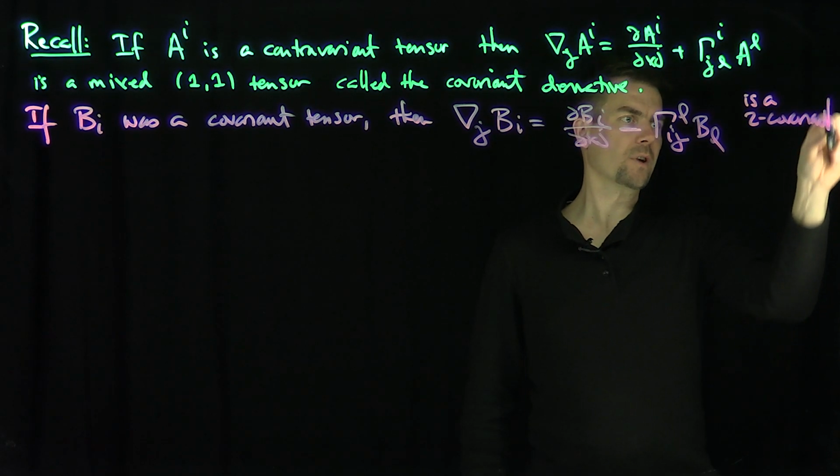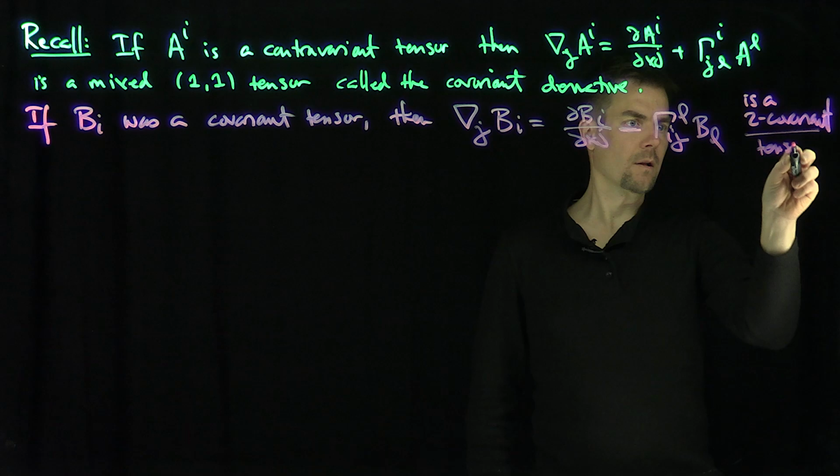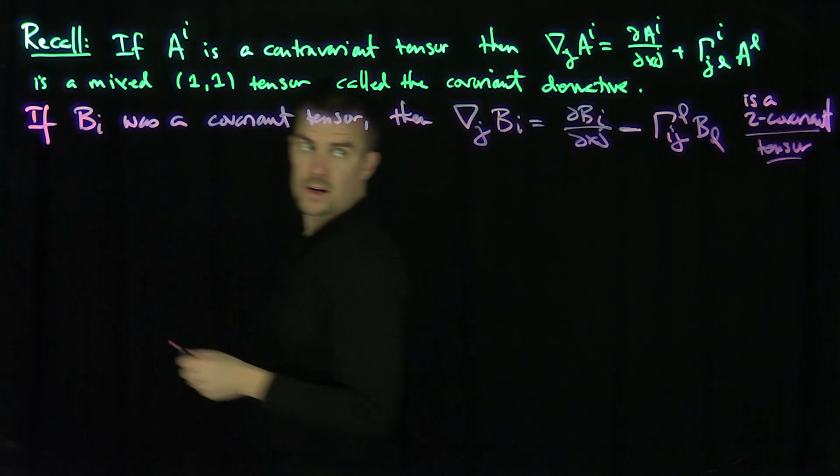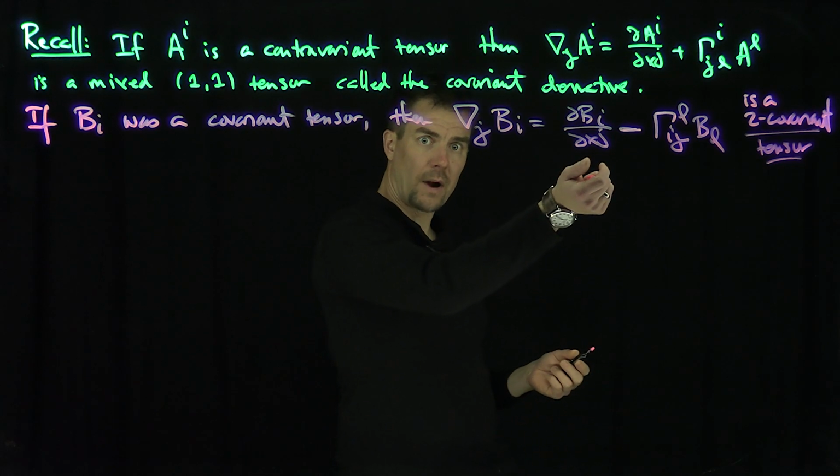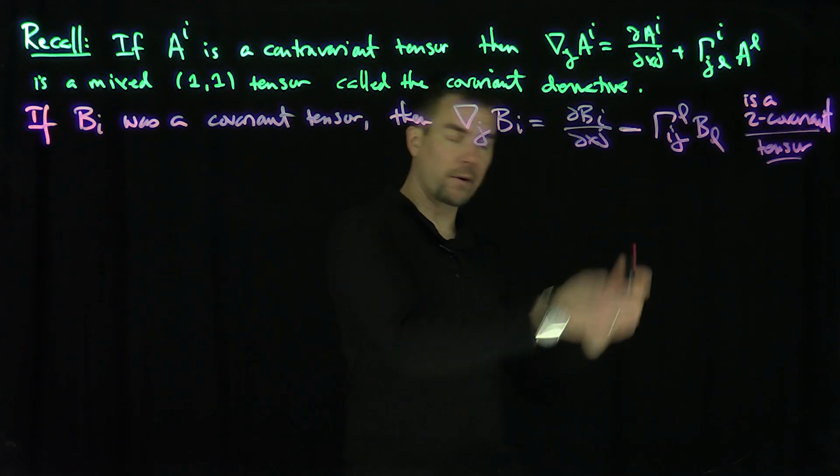The same proof that we did in the previous video will work for this argument as well. So in other words, if I covariantly differentiate a covariant vector, I'm going to arrive at another 1-up covariance.